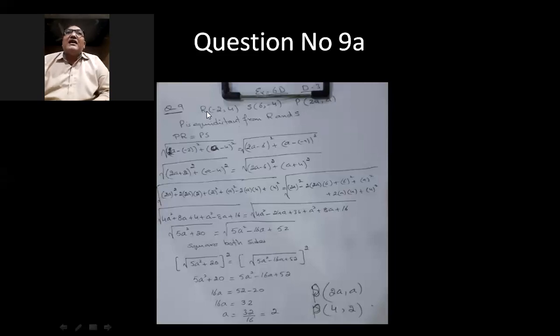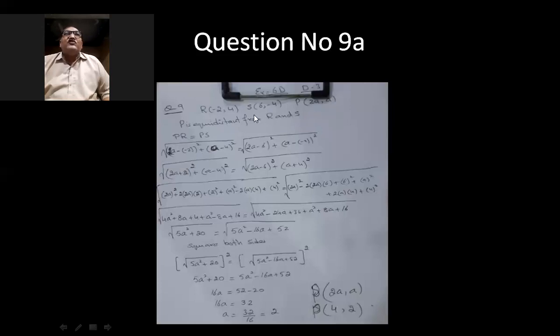So PR, I will apply the formula of the distance. The formula of the distance is square root of x2 minus x1 whole square plus y2 minus y1 whole square. So I will apply the formula of the distance on P and R. So you will have the square root of 2a minus minus 2 whole square plus a minus 4 whole square equals to PS.